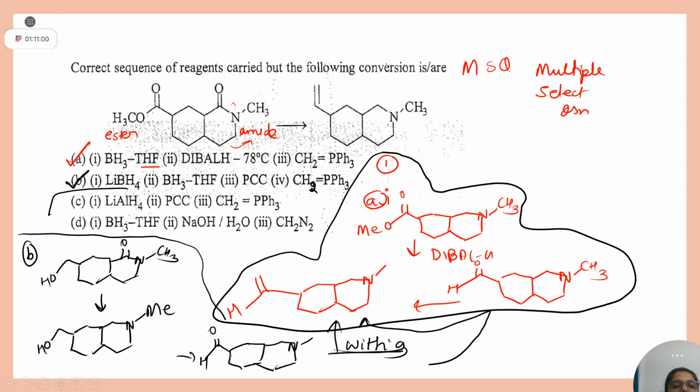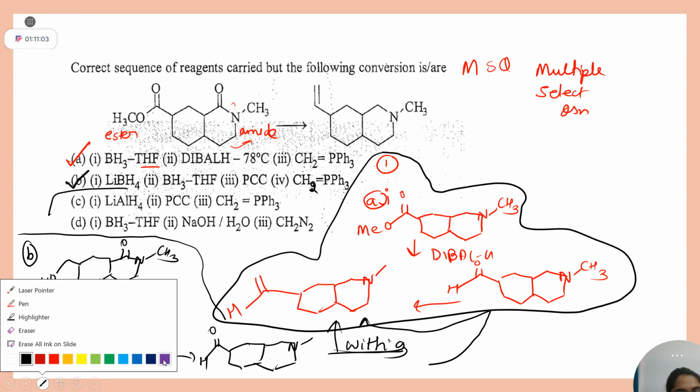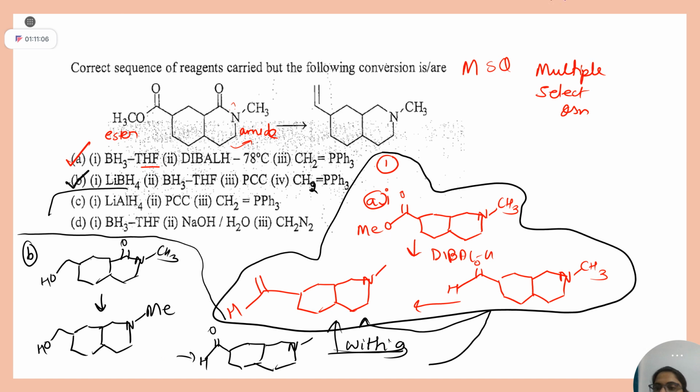Now let's move to option number C. LiAlH4. Students, you very well know that LiAlH4 can reduce everything under the sun. This point I have also written in that slide. Since you are not in class, I'm expecting you are watching these videos and lecture slides in your free time.